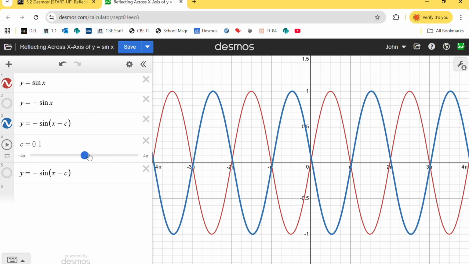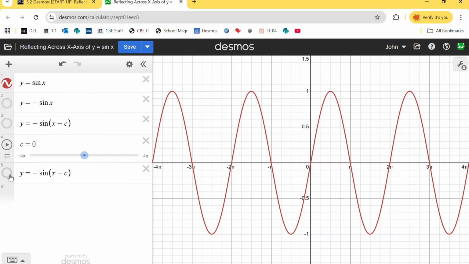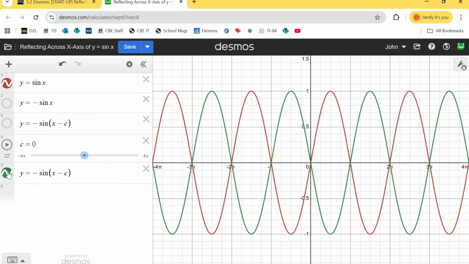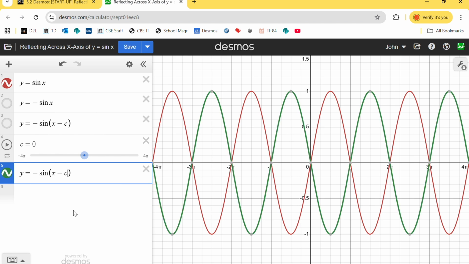Let me show it with some exactness here. If I turn that one off and turn this one on, we know that's the original sine graph. This is the reflected sine graph. I can type in an exact value of pi, so we know that it's in green, right?